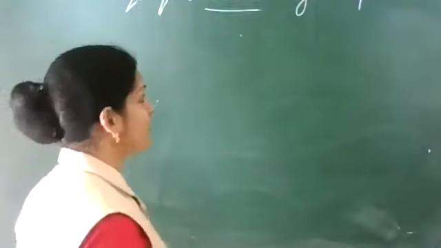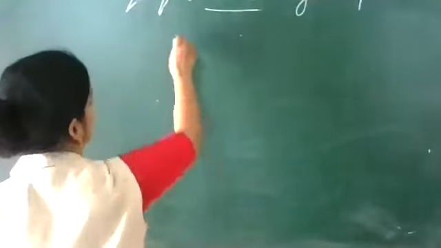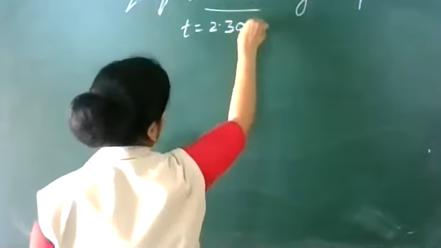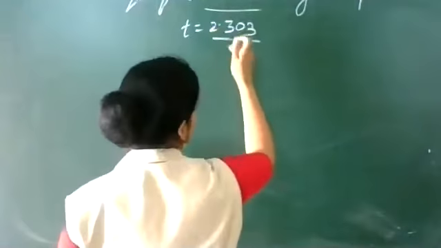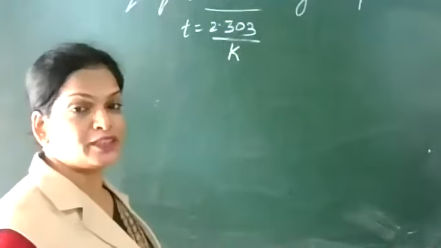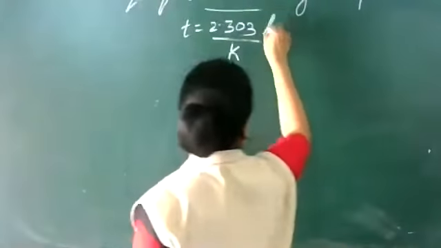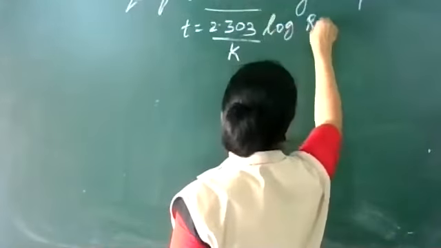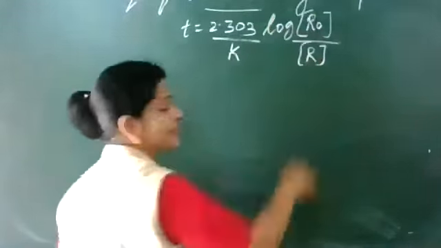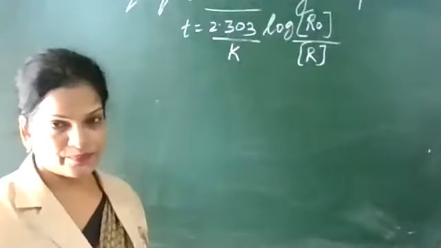So gaseous phase, equation for first order. What is the first order equation? K is equal to 2.303 upon t, log R naught, that is the initial concentration, upon R, that is the remaining concentration.